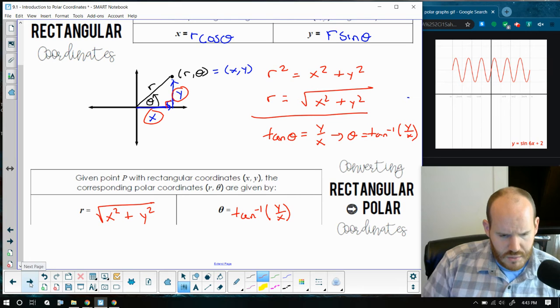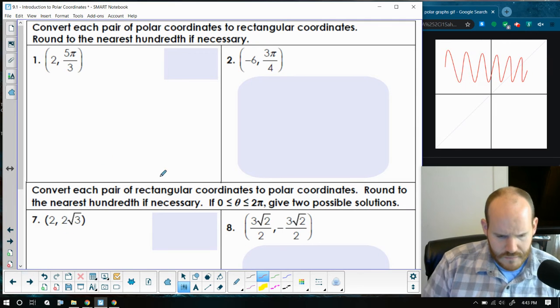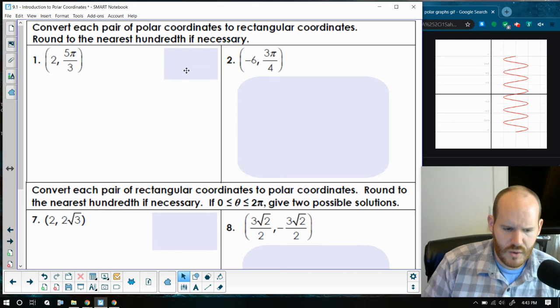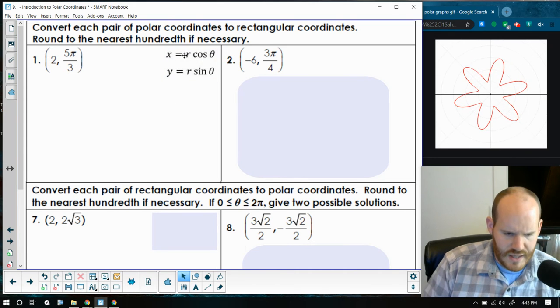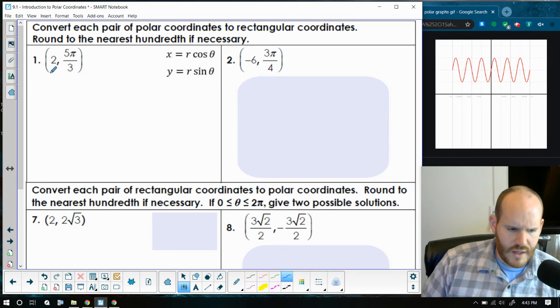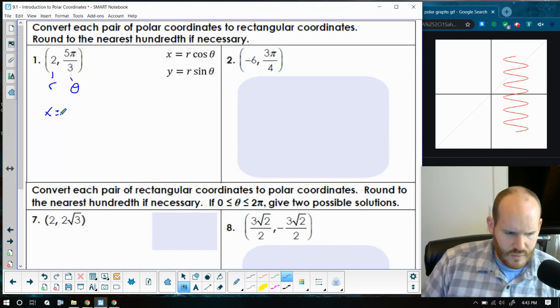So if we look at a couple of examples, applications of these formulas, here I'm going to convert a polar coordinate into a rectangular coordinate. These are my conversion formulas that we just derived. In the first example, r is 2 and theta is 5 pi over 3. So the x coordinate would be 2 cosine of 5 pi over 3.